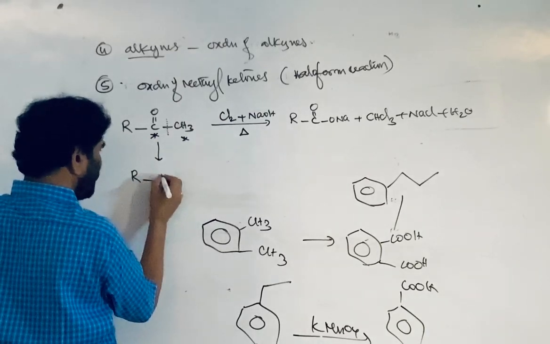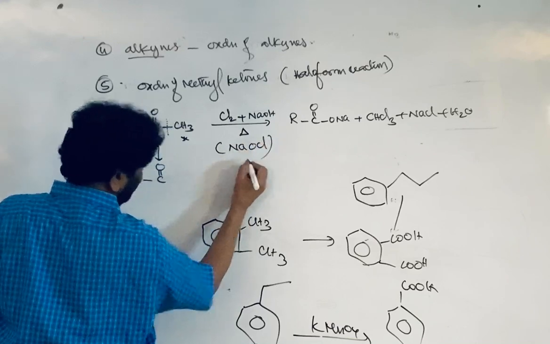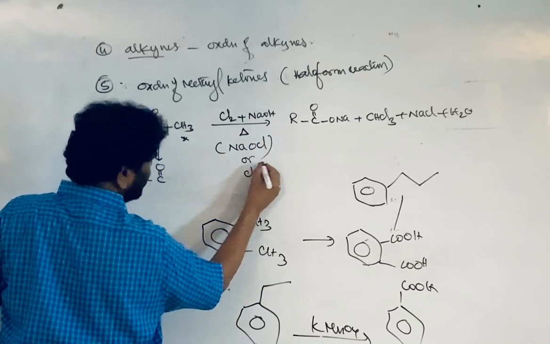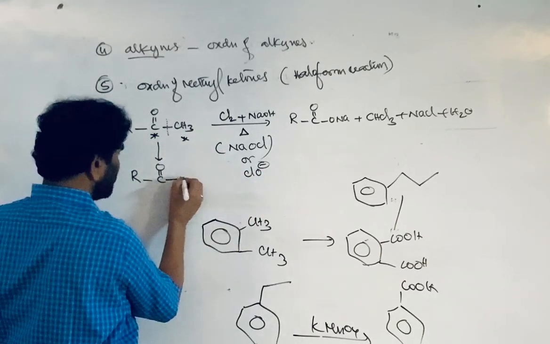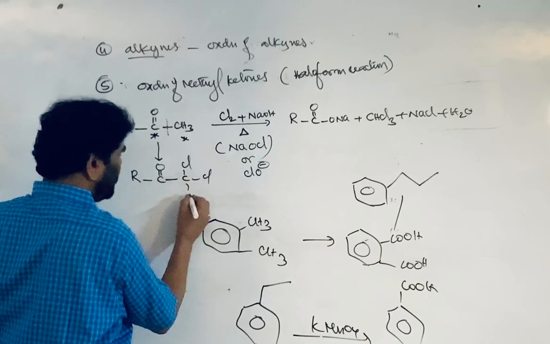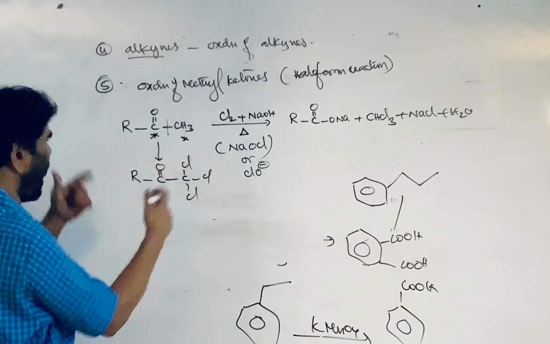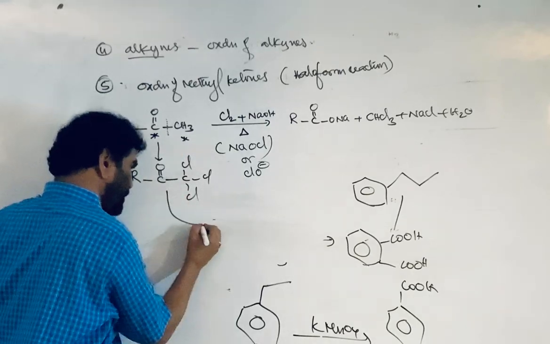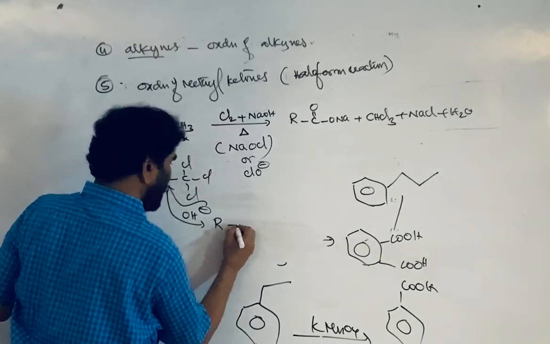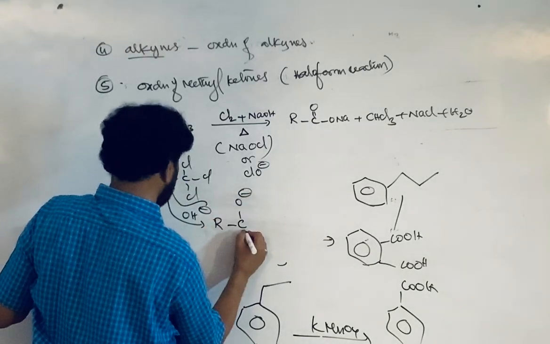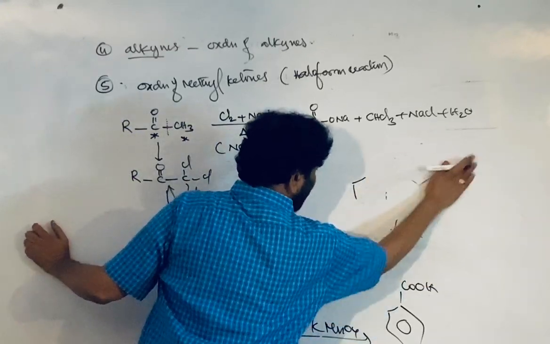Now we know the mechanism of the reaction, which I have shown. This is nothing but sodium hypochlorite, or we simply write it as the hypochlorite ion. This is converted into the Cl compound, through tautomerization, enol formation, where alpha hydrogens are replaced. I am writing the mechanism briefly. This OH minus attacks here. This is R-CO, OH, and this is CCl3.